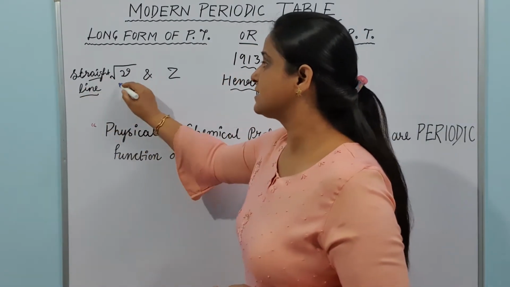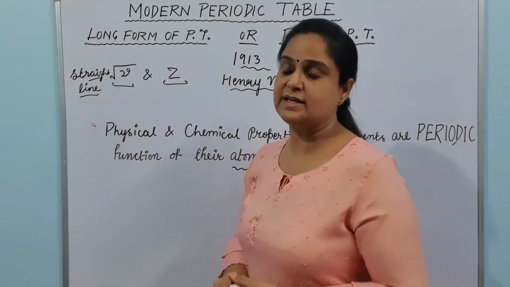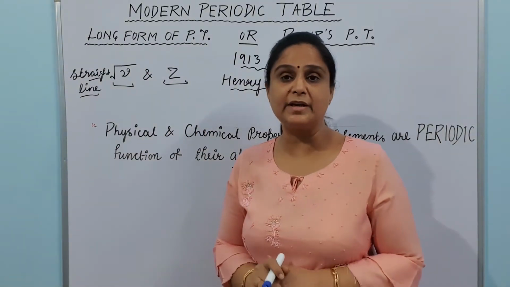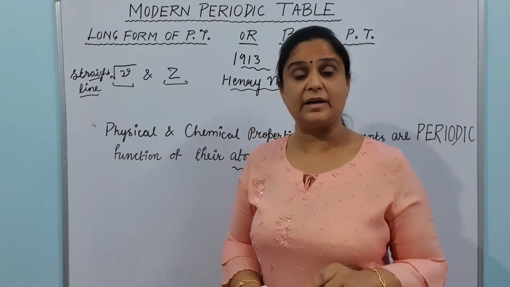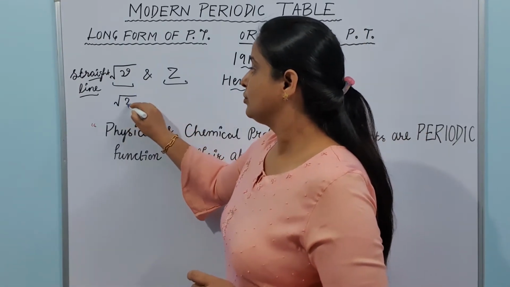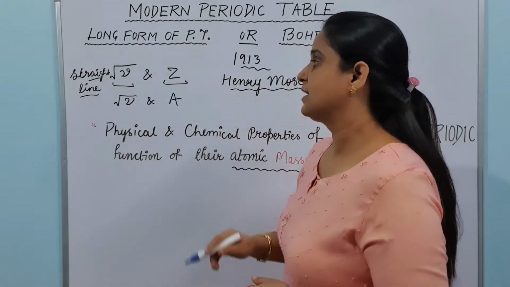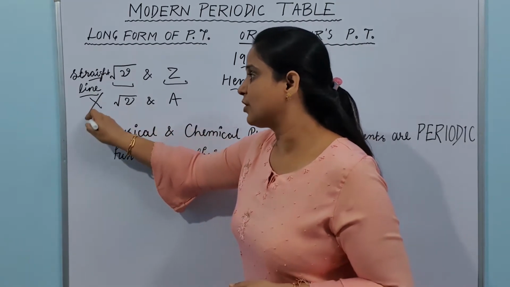which means that the square root of the frequency, √ν, is directly proportional to the atomic number of the element. But when he drew the graph between √ν and atomic mass, he found that this graph was not a straight line.